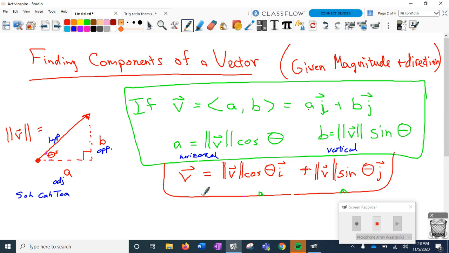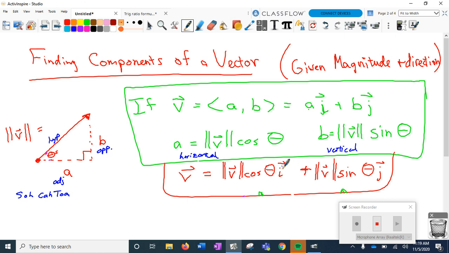If we want the components, we just do magnitude times cosine of the angle to find the horizontal, and magnitude times sine to find the vertical. I want you to notice it's even alphabetic, just like we have said since we started talking about trig: A, B, cosine, sine, horizontal, vertical.